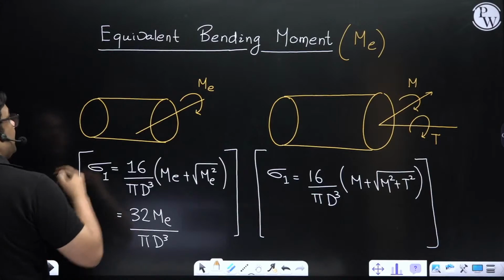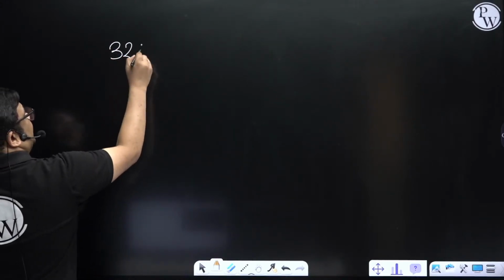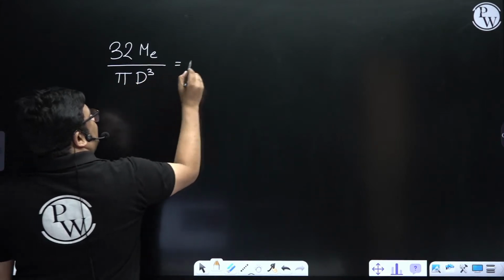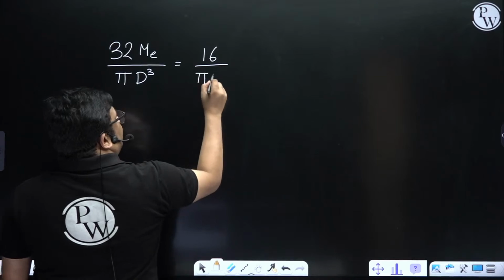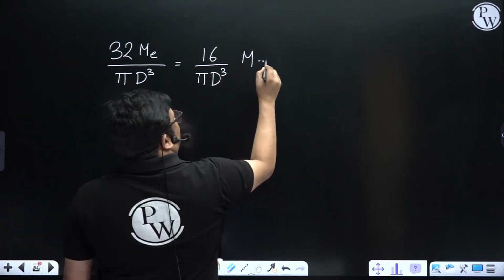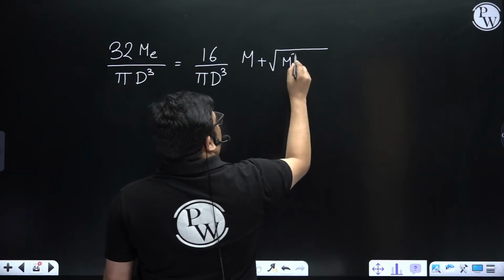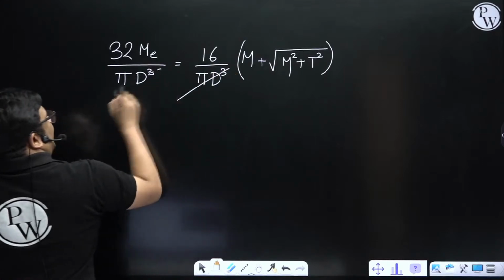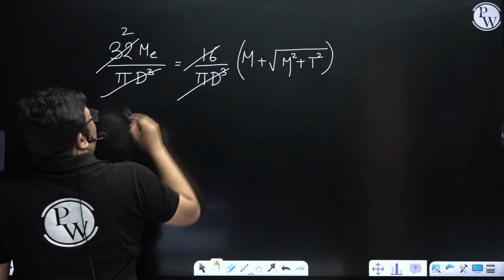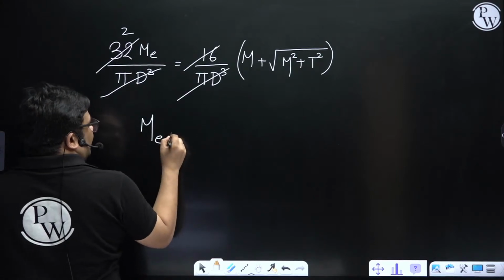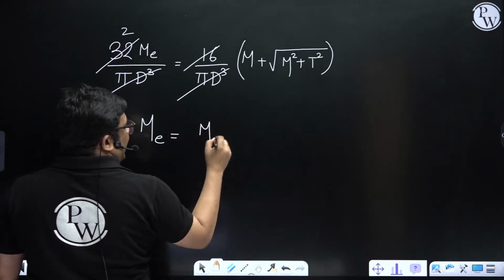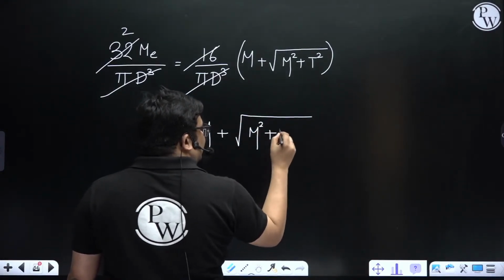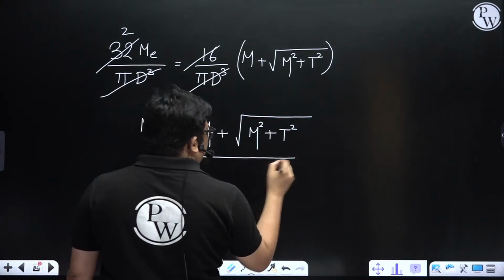If I equate them, in this case I am getting 32 ME by pi d cube, in that case 16 by pi d cube, M plus root under M square plus T square. The pi d cube cancels, this becomes 2 and this becomes 1. The equivalent bending moment is M plus root under M square plus T square, divided by 2.